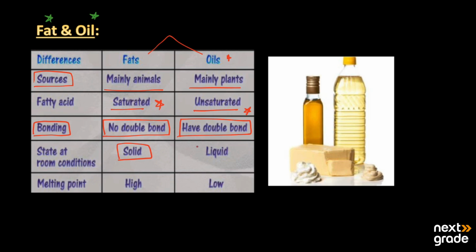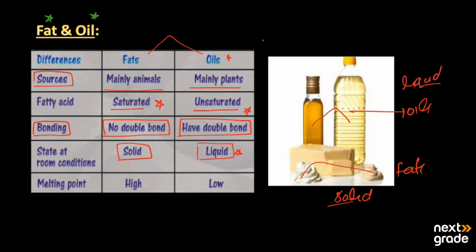On the other hand, oils are present in the liquid state at room temperature. Here you can see these two are mainly oils, and these three are examples of fats, as they are present in solid state, while the oils are in the liquid state at room temperature. The room temperature that we have is almost 25 degrees Celsius.